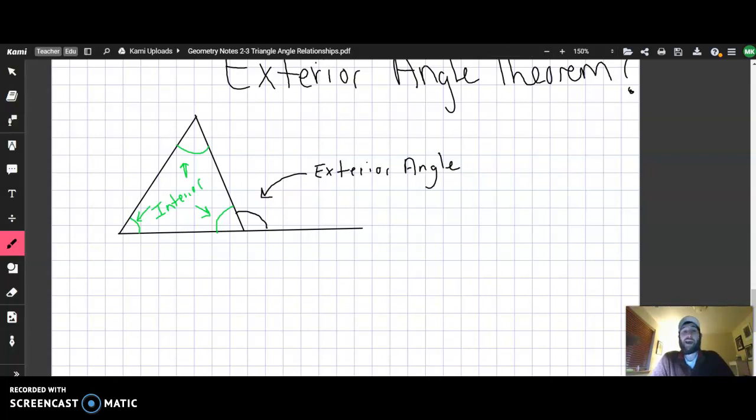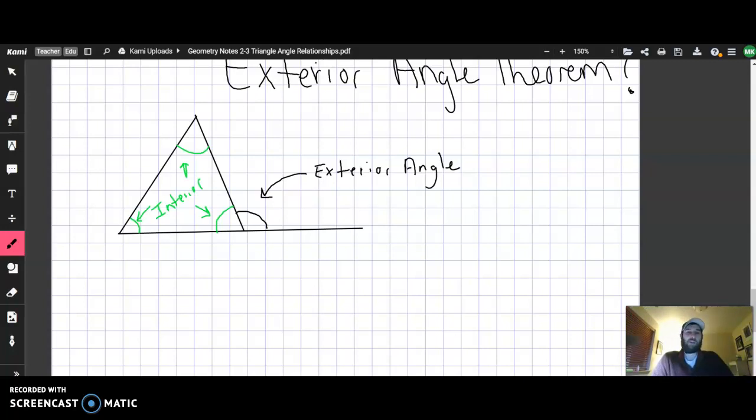Math has a lot of different vocabulary words for multiple things, and that's just another case where interior angles and remote angles really do mean the same thing. We're going to be using interior angles for our class, our discussion, and our work. So that should help out at least a little bit.